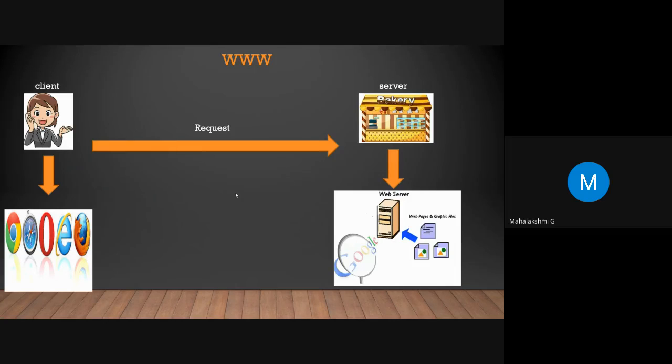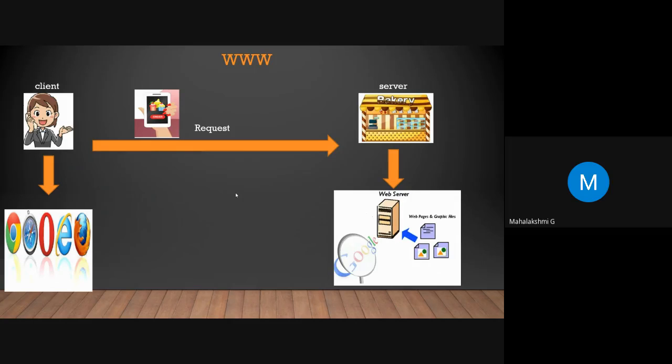Like if you are ordering a cake, then you dial the number and tell your order to the bakery. Either it may be 1 cake or 2 cakes or whatever it is, the need has to be informed through the phone.